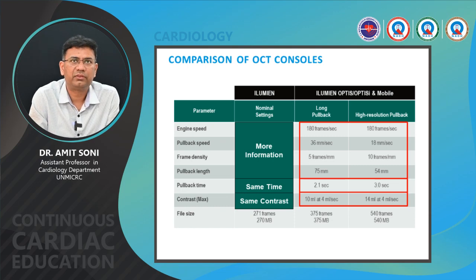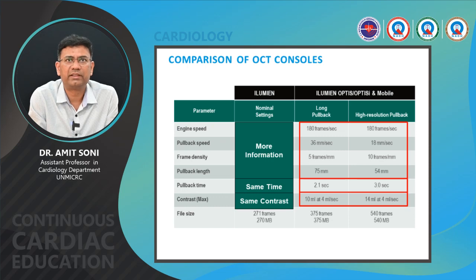So the comparison of OCT consoles, Illumin and Illumin Optis. The engine speed in Illumin was 100 frames per second, while in Illumin Optis in long pullback and high resolution pullback it is 180 frames per second. Pullback speed of Illumin was 20 millimeter per second, while in Illumin Optis it is 36 millimeter per second.